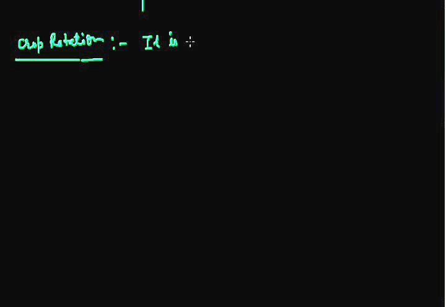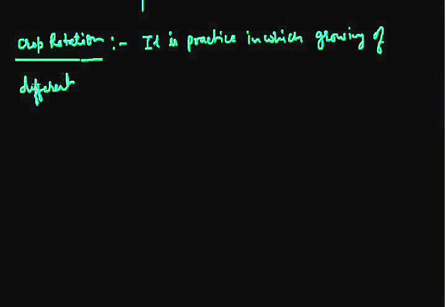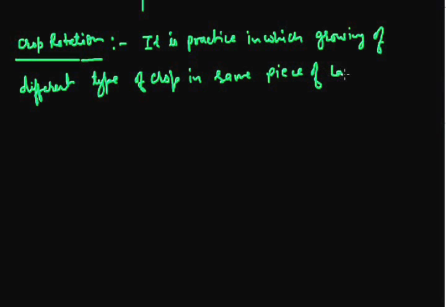It is the agriculture practice in which different types of crops are grown in the same piece of land in a pre-plant successive manner. So this is known as crop rotation. In crop rotation, basically we rotate the crops.